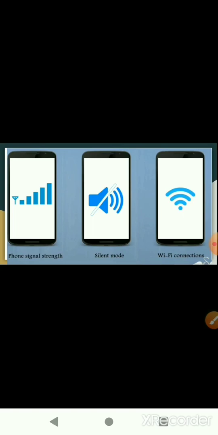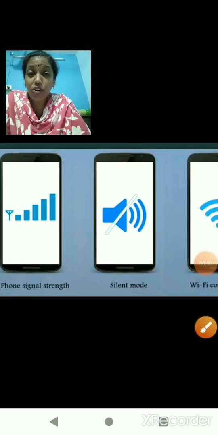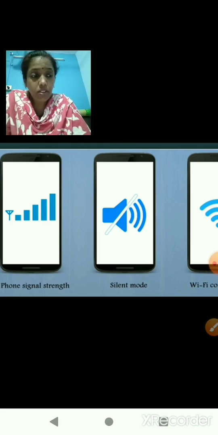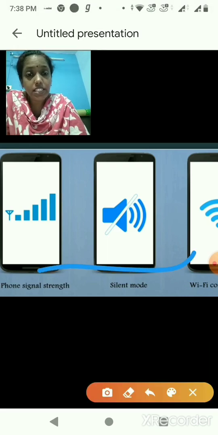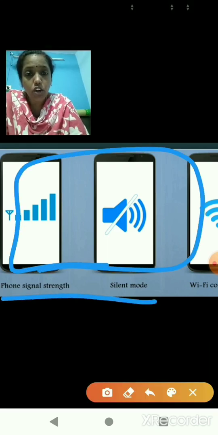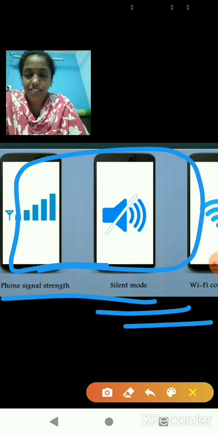And for the one who is not able to read or doesn't know English, it will be very difficult to operate the mobile phone, isn't it? So mobile phones have symbols instead of text.